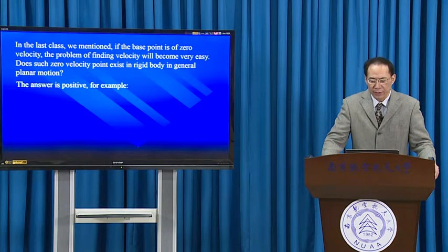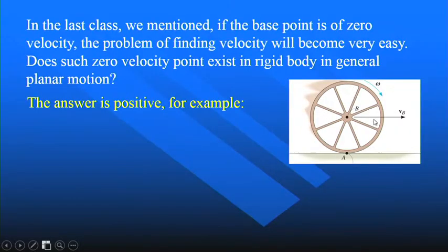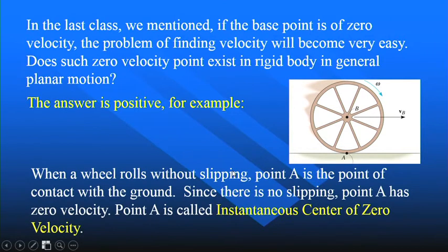The answer is positive. For example, this is a wheel rolling without slipping on a plane. When a wheel rolls without slipping, point A is the point of contact with the ground. Since there is no slipping, point A will have the same velocity as the ground.